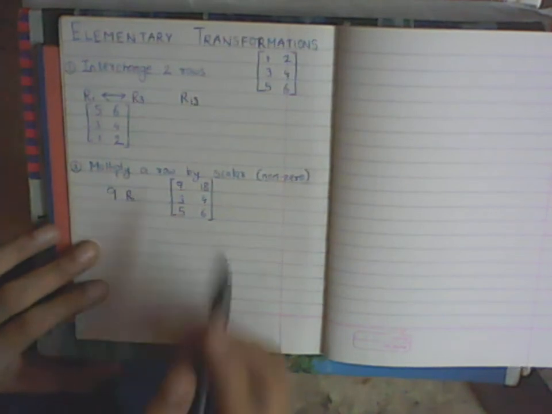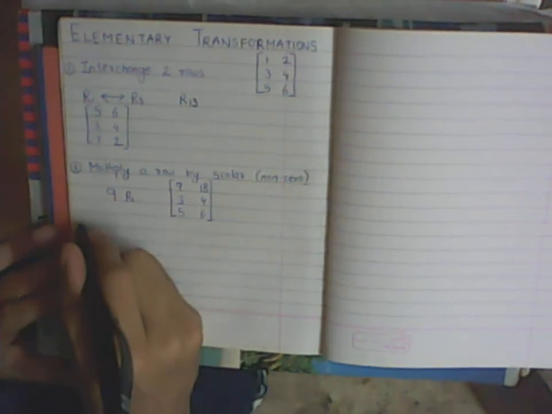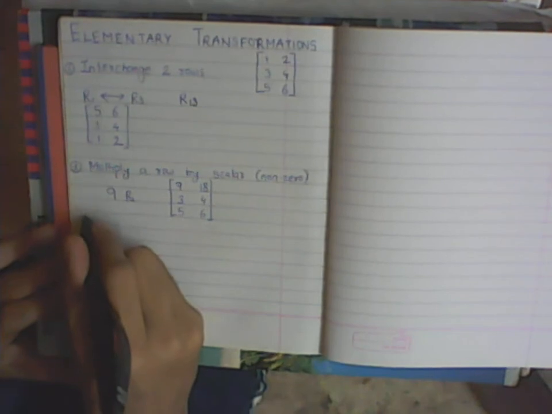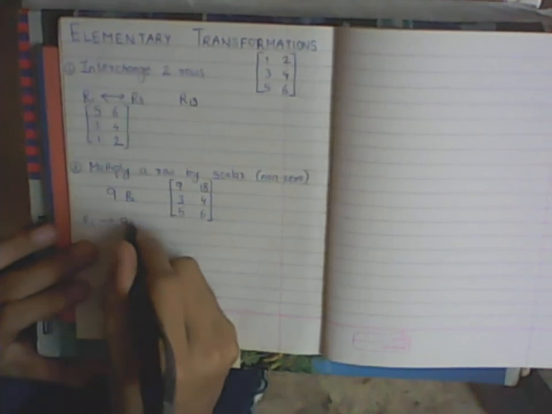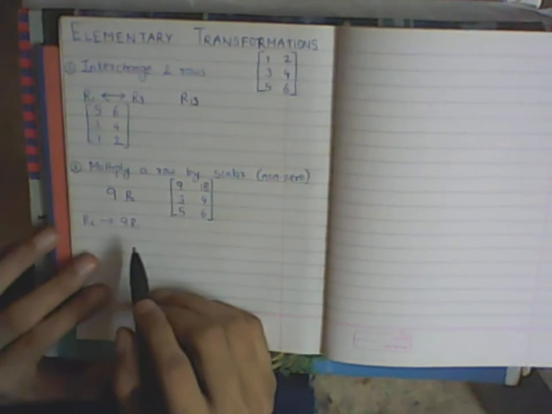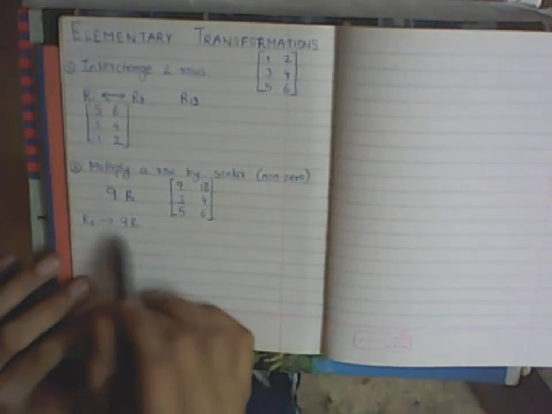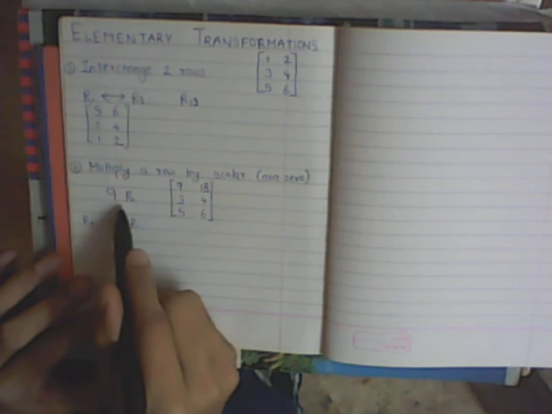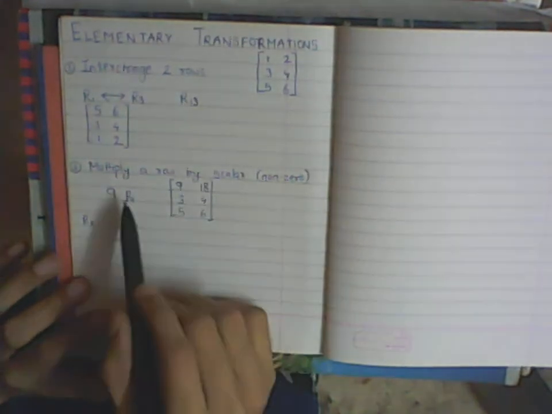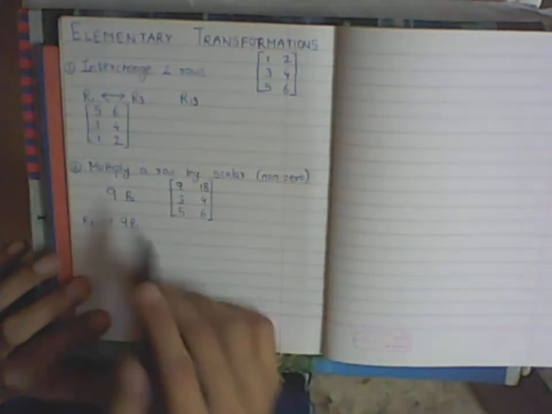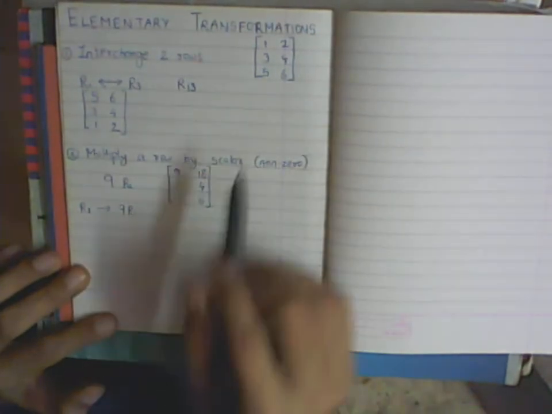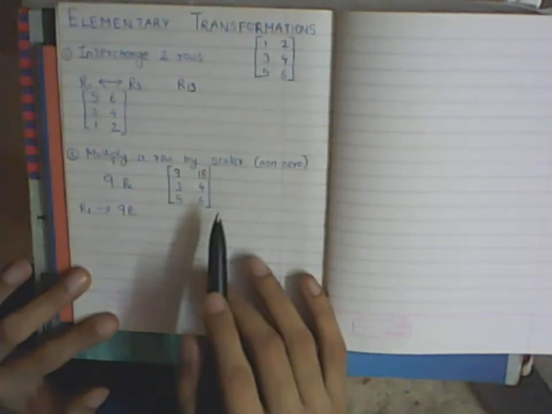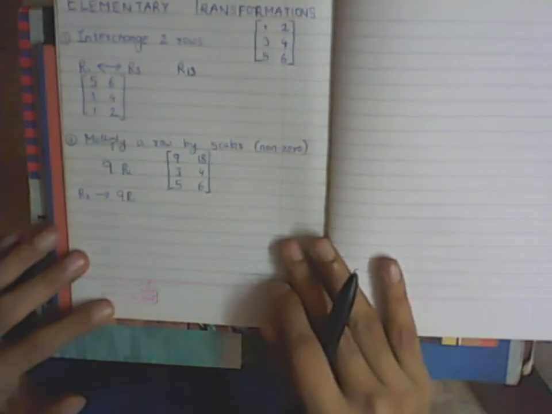Another way of denoting this, a less common way, says R1 changes to 9 times R1. You might see some people denoting it this way. Again, you are getting a new matrix, but your original matrix is somehow hidden in this new matrix. We'll see about it a bit later.